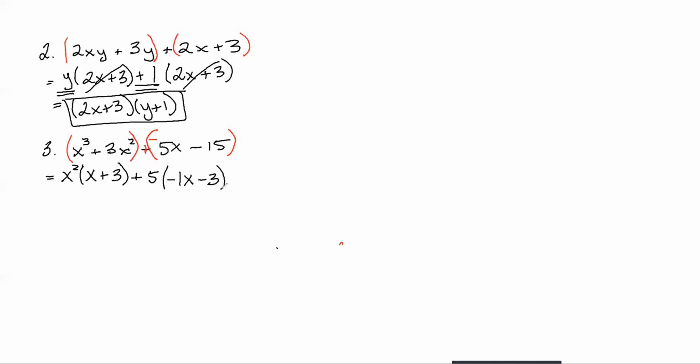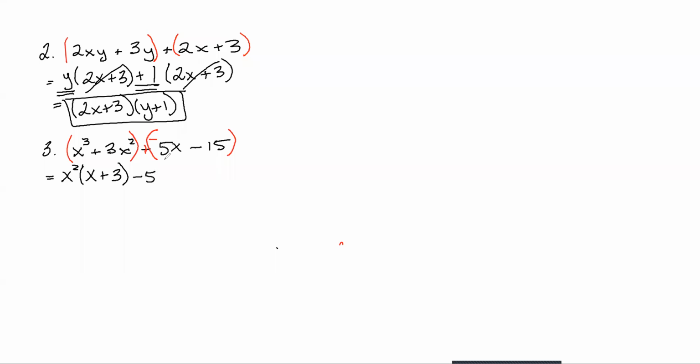And so what you'll notice is that these guys here don't completely match. They should actually be complete opposites. X's are opposites, the 3's are opposites. So what we want to do, I'm going to get rid of that. Our GCF is still 5, but this is what I was talking about, where if it starts with a negative, take out a negative. So let's go ahead and factor out a negative 5. And so I'm going to change this to a minus 5.